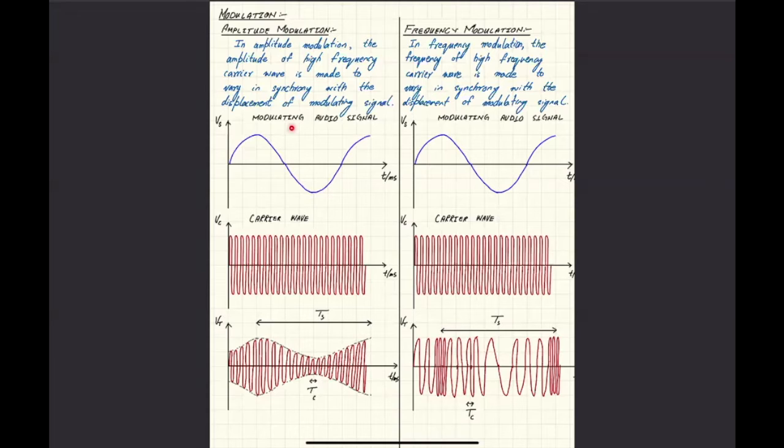So there is one signal that needs to be sent. And as I told you, there are two types of modulation techniques. So let's first focus on amplitude modulation. In amplitude modulation, if you have to send a signal with a certain frequency, you put the signal onto a carrier wave of its own frequency. So you can choose what carrier wave you want. You might have heard of AM 80, AM 81, AM 82.